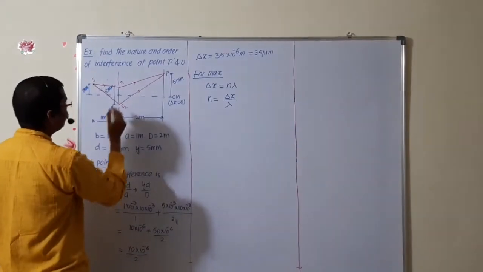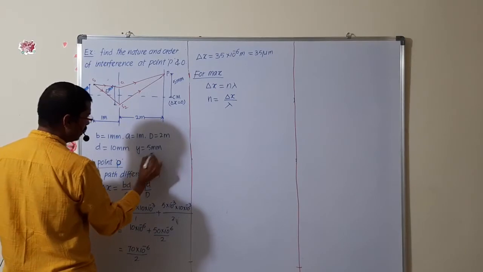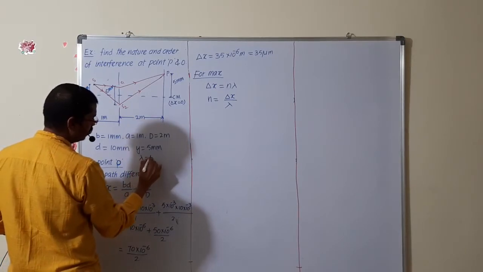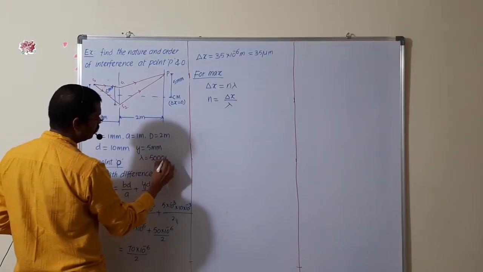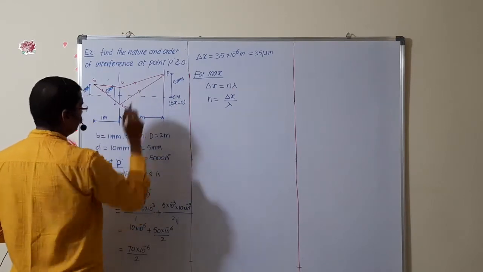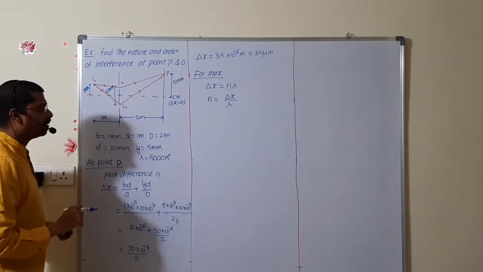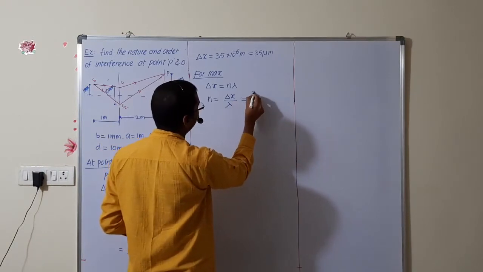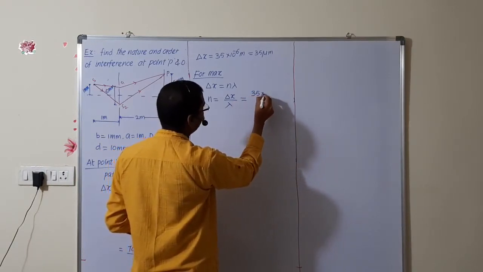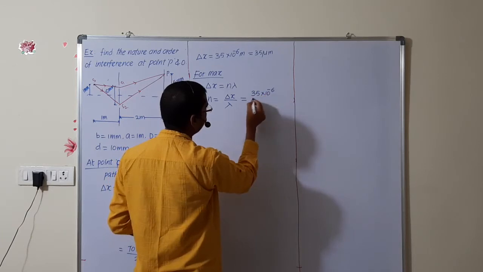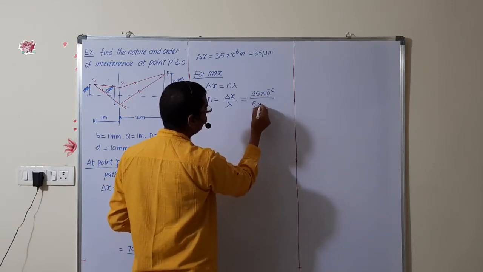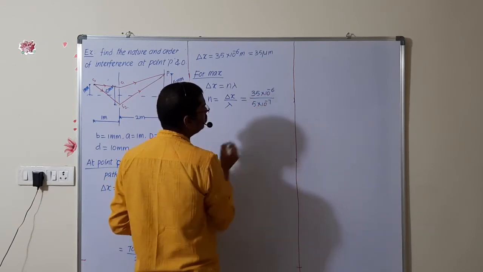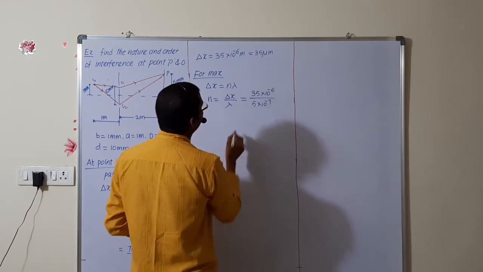Here the lambda value is given. That lambda value is 5000 angstroms. So the lambda value is also mentioned, that is lambda is 5000 angstroms. If I substitute the value, 35 into 10 to the power of minus 6 upon 5 into 10 to the power of minus 7.